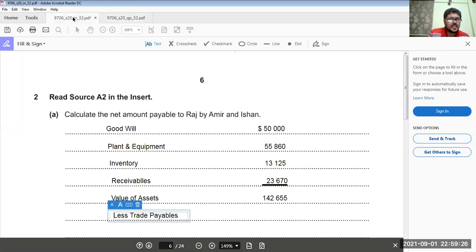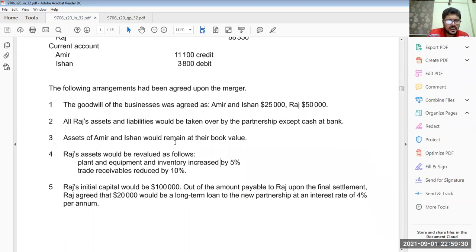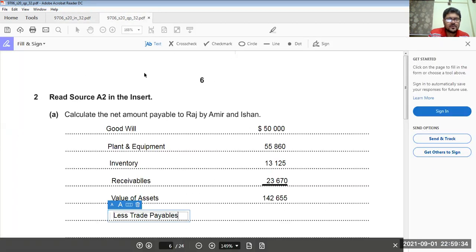So what is the amount of trade payables? Trade payables is 14,950, and I think it will be taken on book value. 14,950.